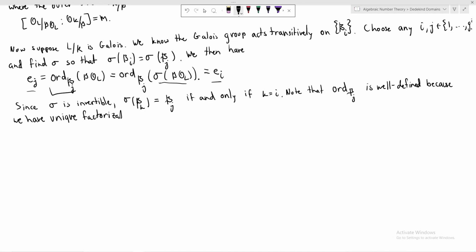Okay, so let's go ahead and think briefly about showing that the residue degrees are equal now. The idea is that you want to consider the map sigma from O sub L to O sub L. And we know that sigma fixes, not necessarily pointwise, but that sigma takes p O sub L to itself.